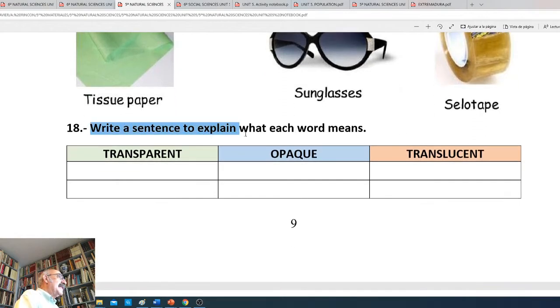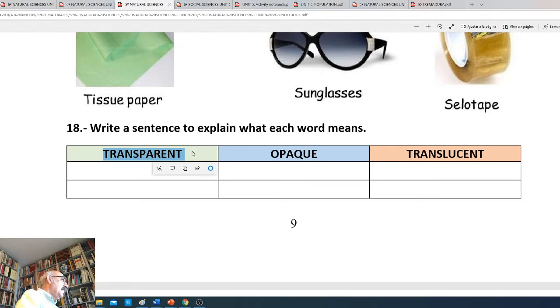So you have to write a sentence to explain what each word means. And transparent is an object that lets light pass or not. What do you think? A transparent object, can it let light pass through it or not?